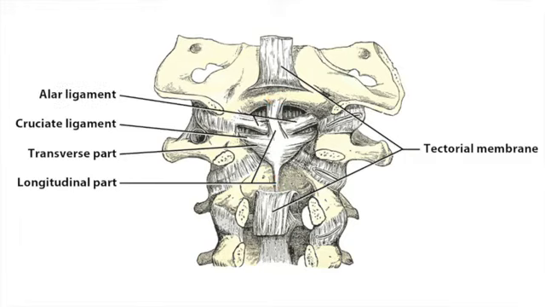The alar ligaments are anterior to the cruciate ligament. They travel from the lateral surface of the superior part of the dens to the medial edge of the inferior aspect of the occipital condyles. They limit axial motion or rotation of the head.